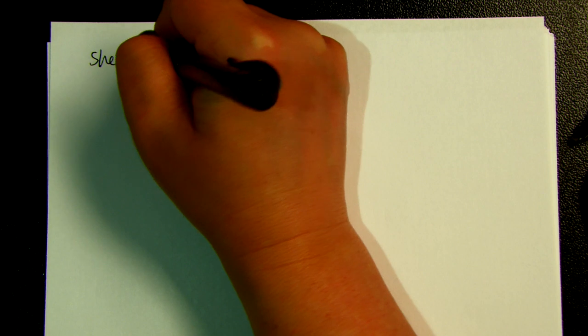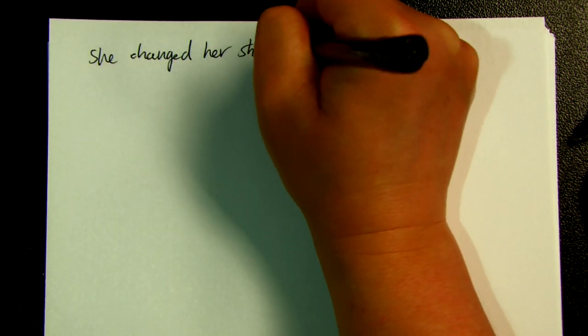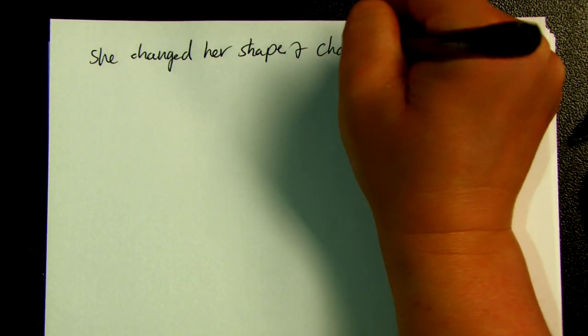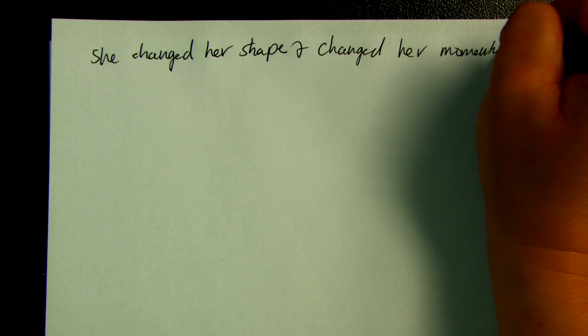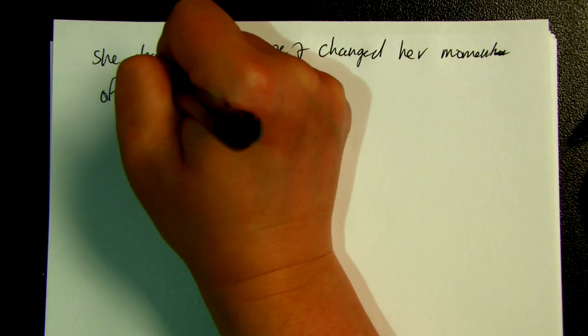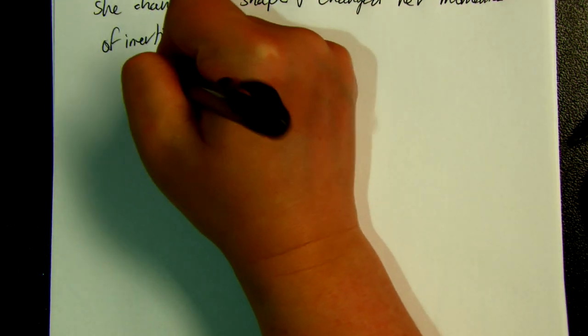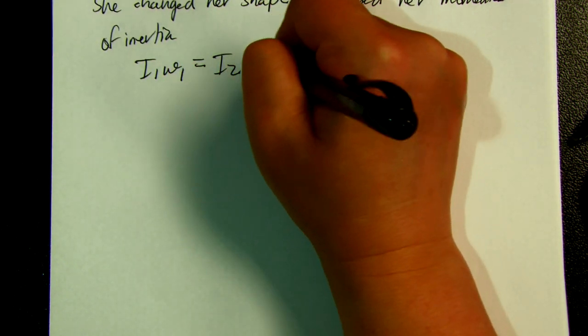Okay, so let me write that out. So she changed her shape, and therefore changed her moment of inertia. So I1 omega 1 is equal to I2 omega 2.